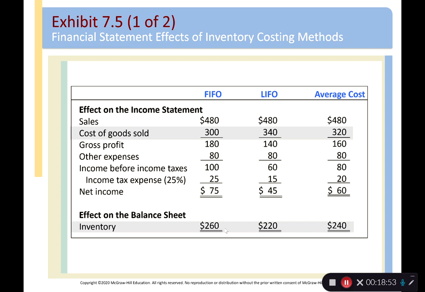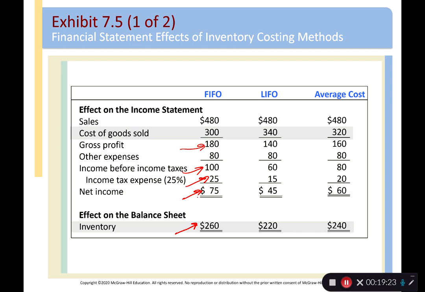FIFO and LIFO, which is the higher or lower, will depend on whether prices are rising or declining. We'll talk more about that in a bit. However, at this point, it's important to understand that because cost of goods sold is different under each method, our gross profit ends up being different, as does our income, our taxes, and our net income. Our ending inventory, the amounts left over on the balance sheet, are also different under each method.